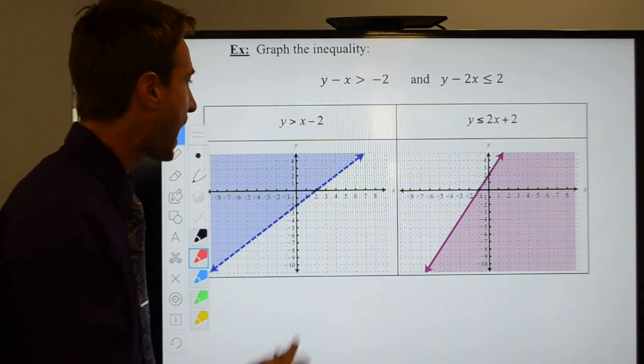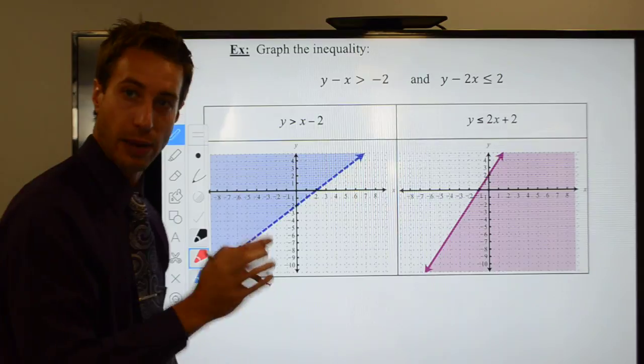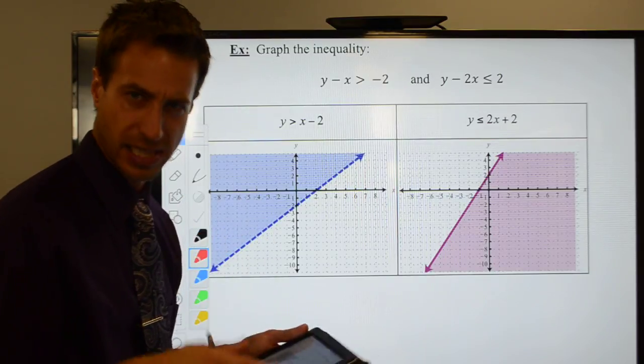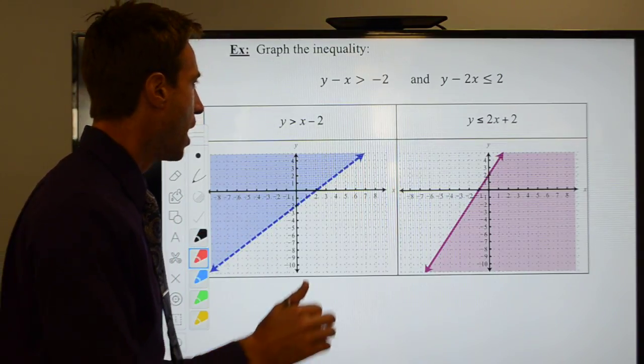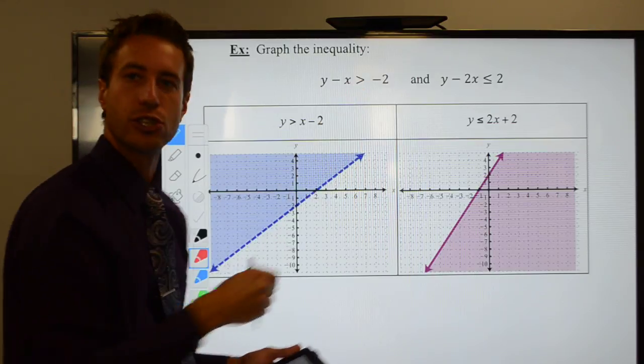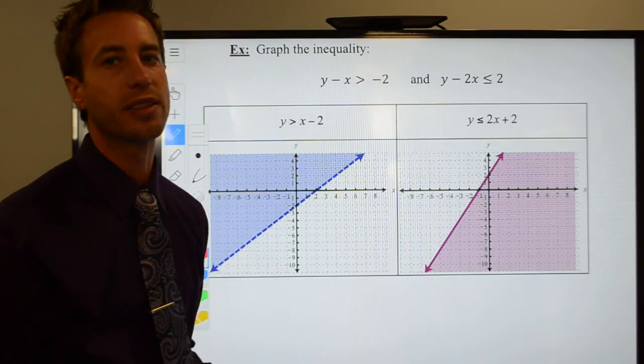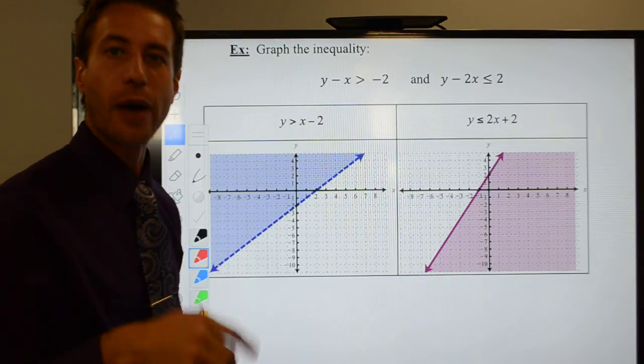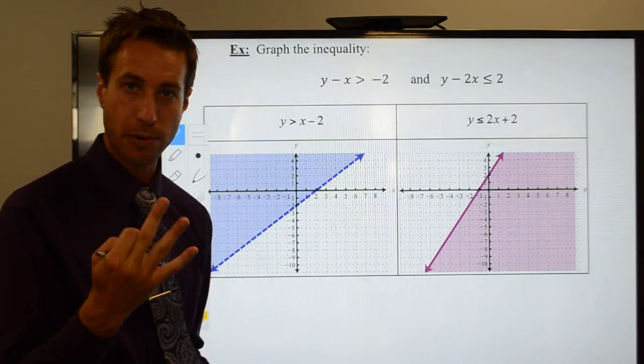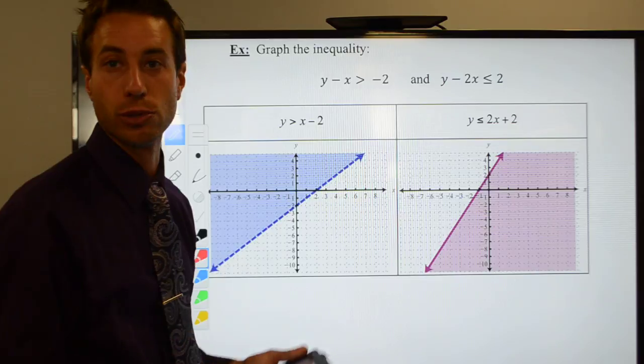After you get done graphing your line, which we'll do in the example problems together, I know that my inequality is strictly greater than, so I have a dotted line. Points on the line don't count. Now I get to step number 3. I need to choose a test point.